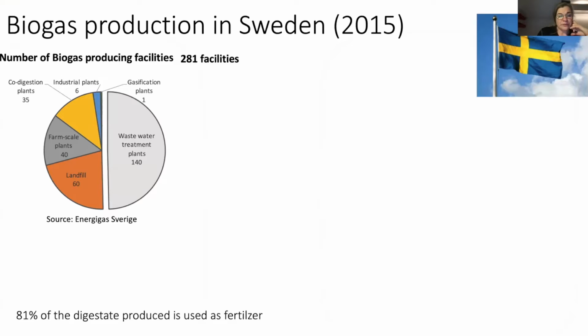I want to tell you a few numbers from the biogas production in Sweden and what it means for us here in Sweden to use the technology. We have around 280 facilities. Maybe there have become a few more, but I actually don't think so, because these numbers are from 2015. And most of them are wastewater treatment plants where we treat the sewage.